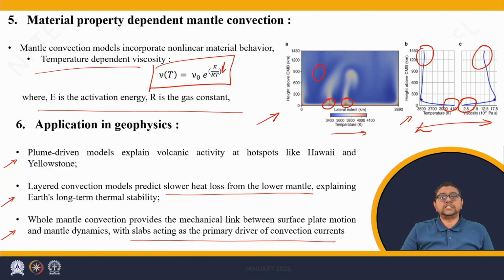Also, the subduction slabs act as the primary driver of convection currents in the mantle. This is supported by the whole mantle convection model. Thus, we can see that various mantle convection models support various evidences. Thus, it can be understood that mantle convection includes all these different features from various models to a certain extent.